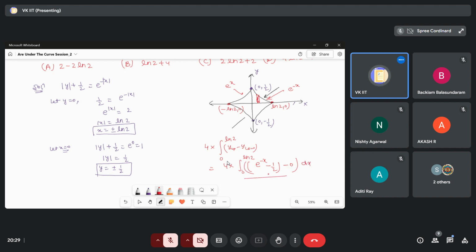Solve that and get your answer. So the answer will be 2 minus ln 2. Okay, this is the area you'll be getting. Clear, everyone? Or any doubt in this case?